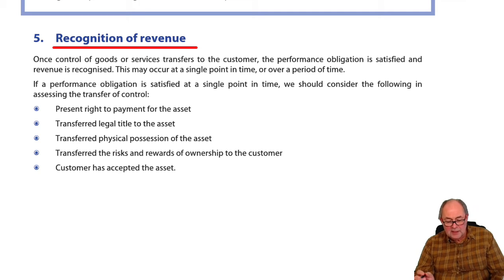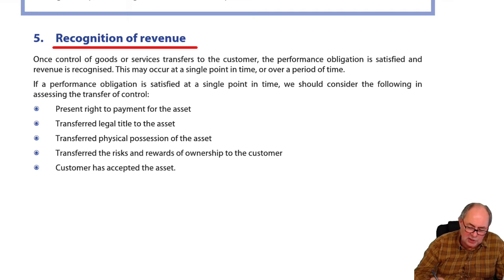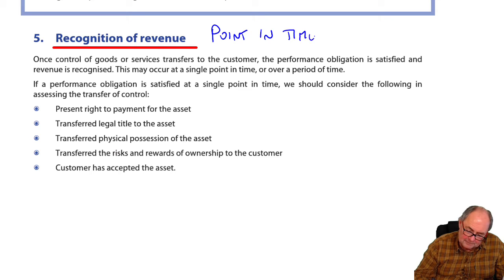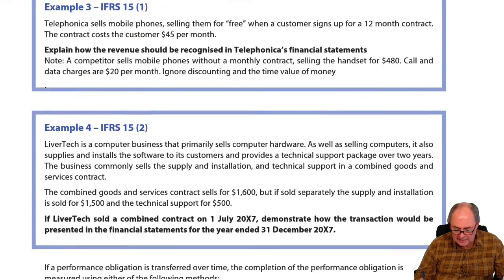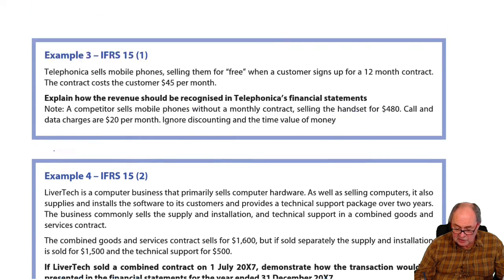So there are two possibilities, essentially goods and services. Rather than say goods and services now, they make a distinction between revenue that is recognised at a point in time and revenue that is recognised, this will be across the page, over time.